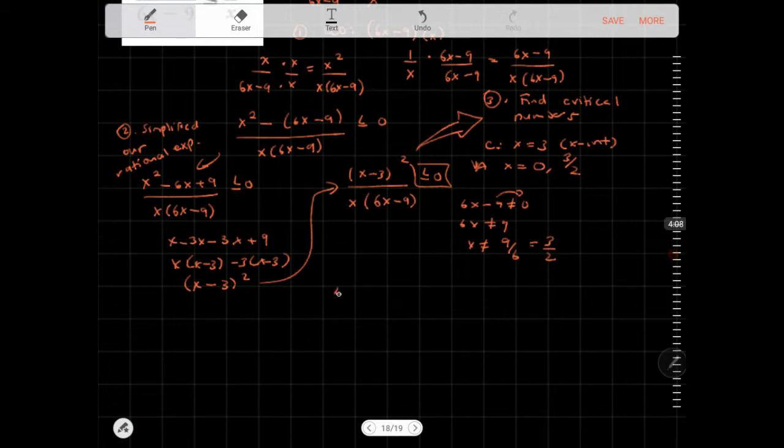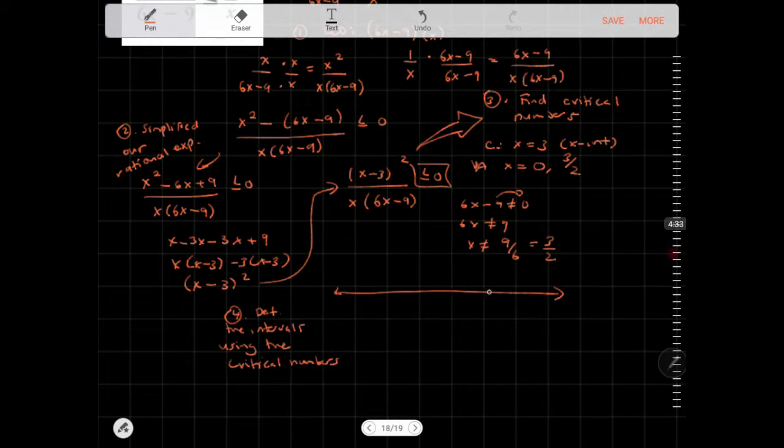To figure out our intervals, I'm going to create a number line, generating it to determine the intervals using the critical numbers. I'm going to plot the intercepts as well as the vertical asymptotes.